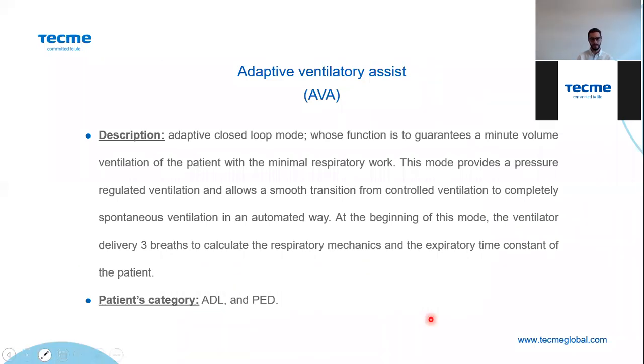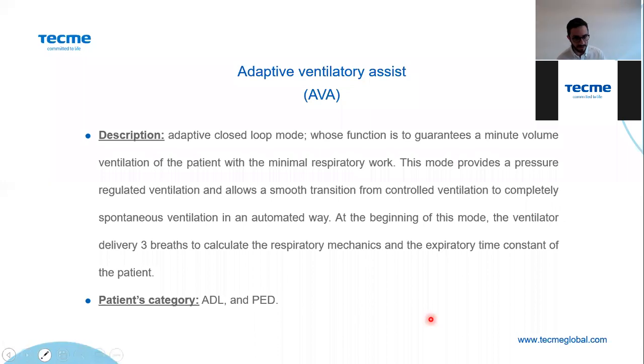So this ventilatory mode provides pressure regulated ventilation and allows a smooth transition from a controlled ventilation to a completely spontaneous ventilation, okay, in an automatic way.